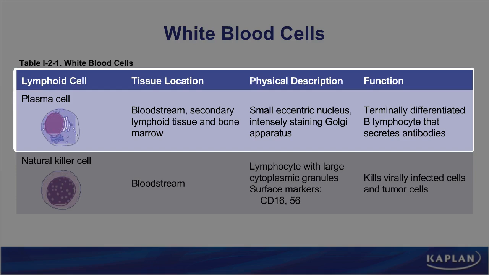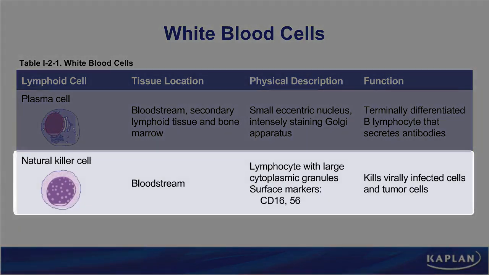The other lymphocyte that we can find in the bloodstream is our natural killer cells. I don't think I have ever seen a question, or had a student tell me that they have seen a question, that demands they identify histologically what a natural killer cell looks like. But what will be important is that you know the surface markers we use to identify it.